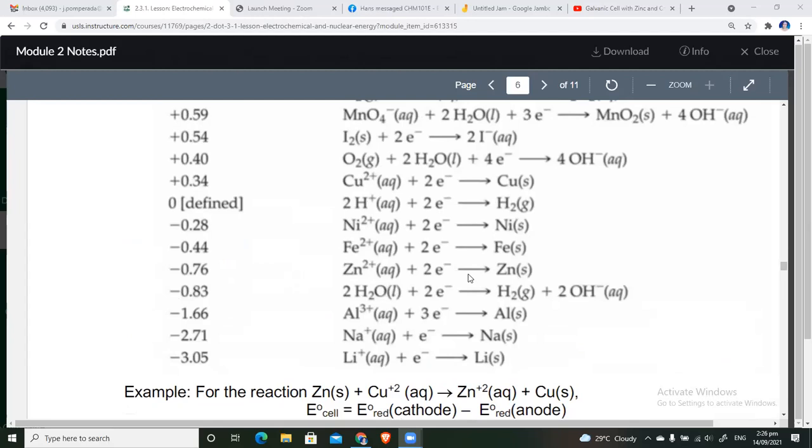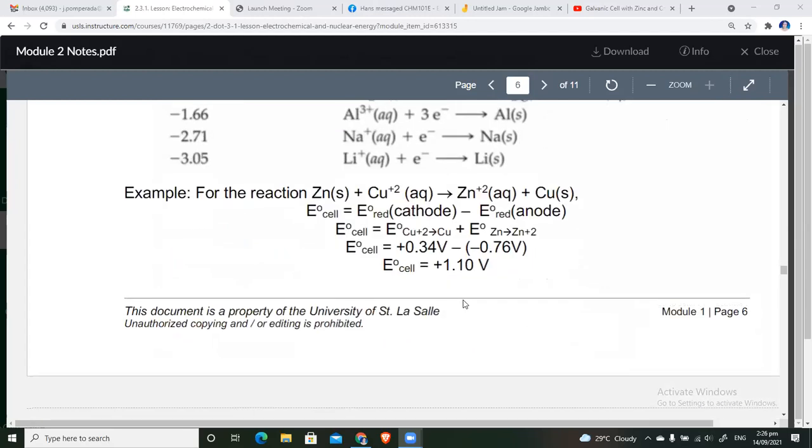So if it is the opposite of this, it would be the negative of this one. So 0.34 minus minus, so it becomes plus 1.10.